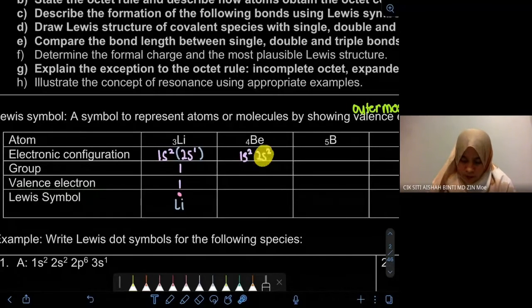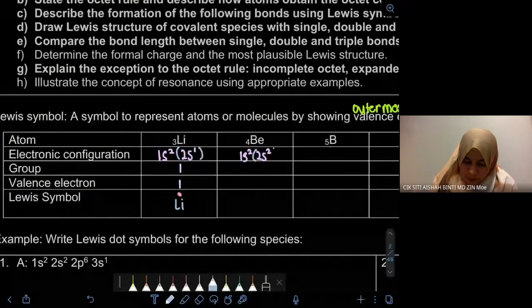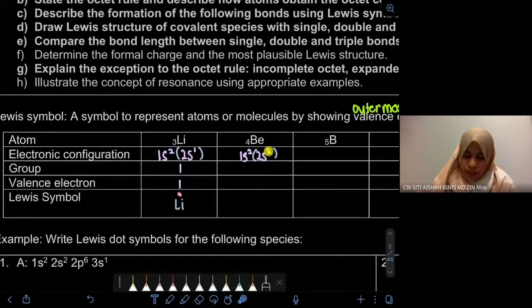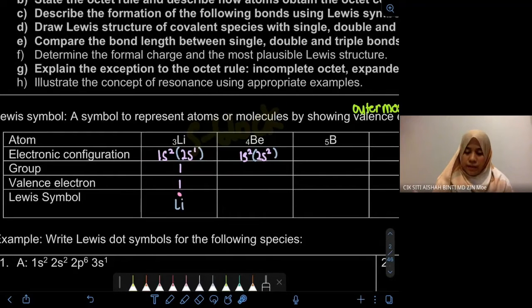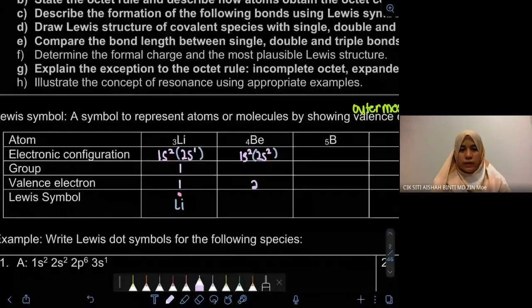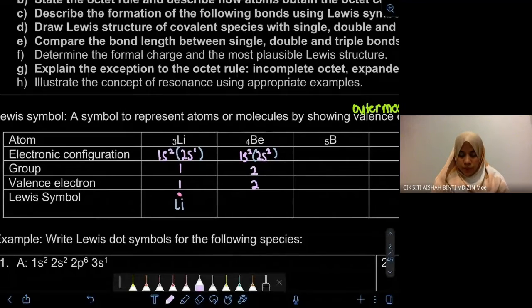So this is the valence shell kita. So kita tengok berapa valence electron kita. Since this is actually our s block, again, kita ambil sahaja electron on our s orbital ni. Yang valence je lah, the highest one. So dekat sini dah akan jadi 2. The valence electron is 2. Dia punya group pun 2 juga. Okay, so Lewis symbol dia macam mana pula? Lewis symbol dia, okay, the symbol for beryllium is Be.